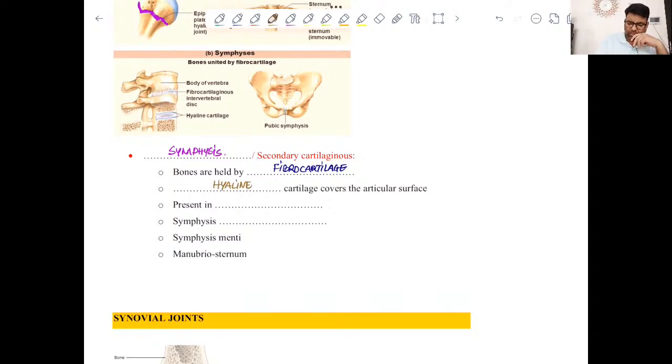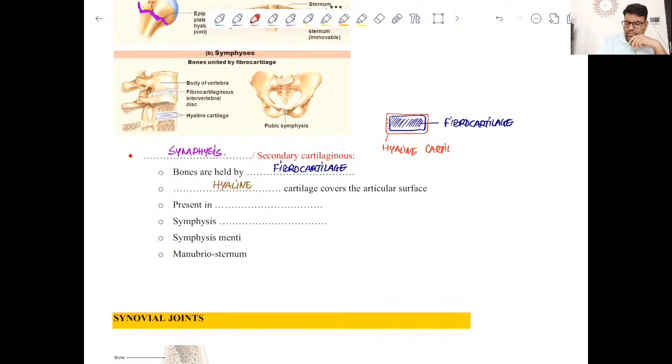Clear? So if I draw like this, say this is all fibrocartilage, okay, and on the top of that there will be a small rim of hyaline cartilage. So this one is hyaline cartilage.